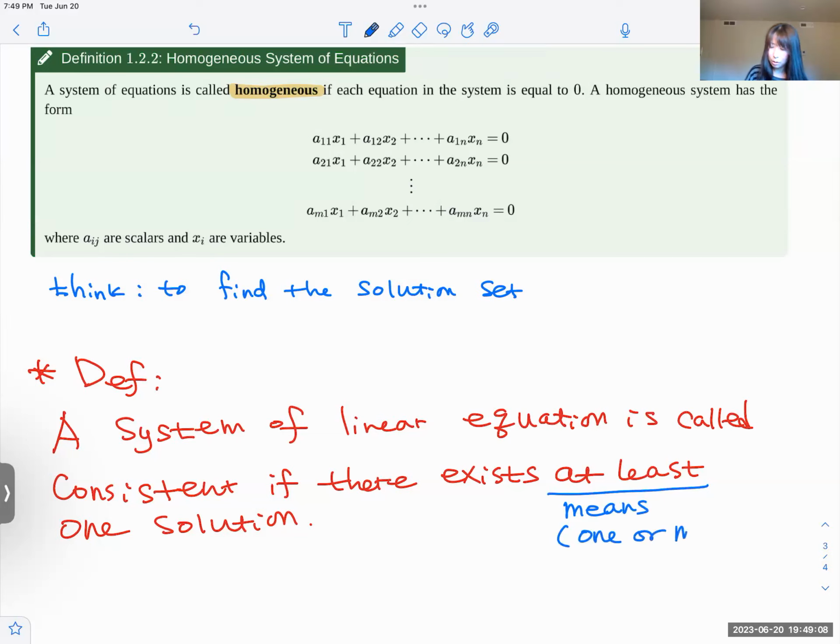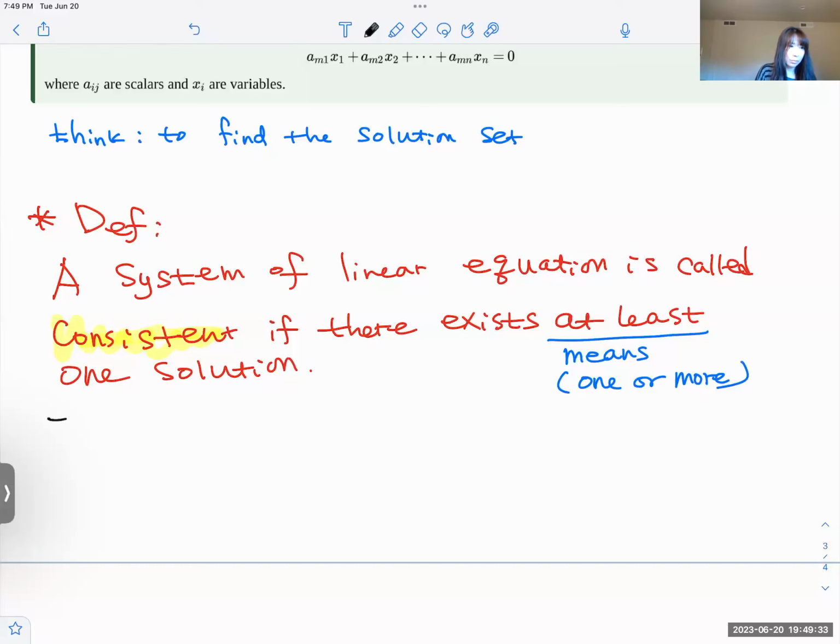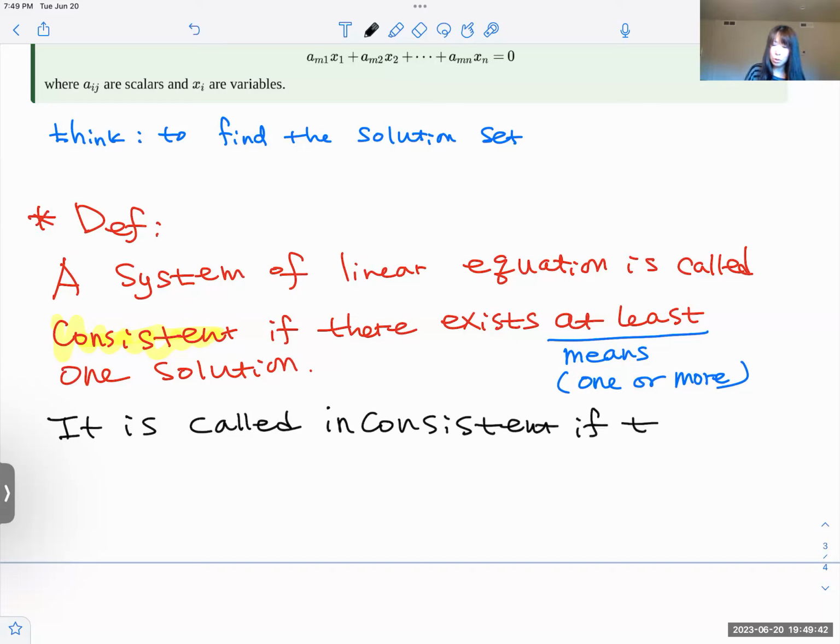One or more. It can be one solution, it can be two solutions, it can be infinitely many solutions. We call that consistent. Okay, if not, we say inconsistent, if there is no solution.